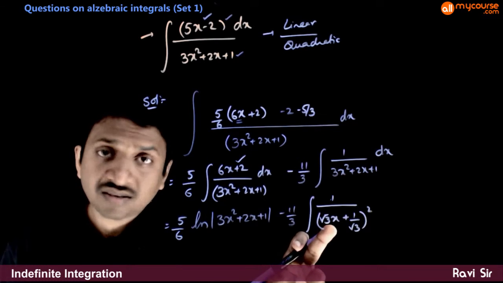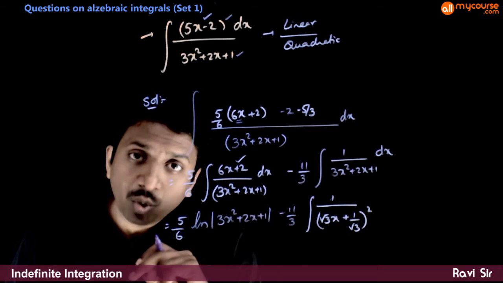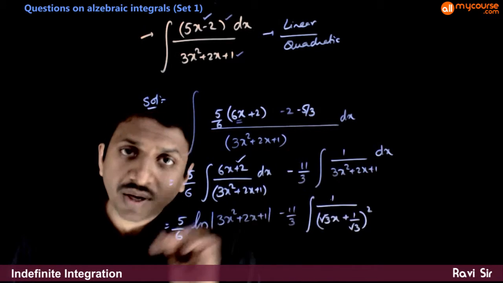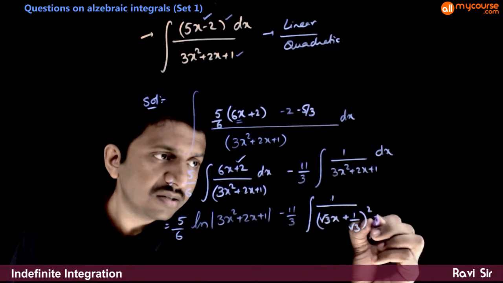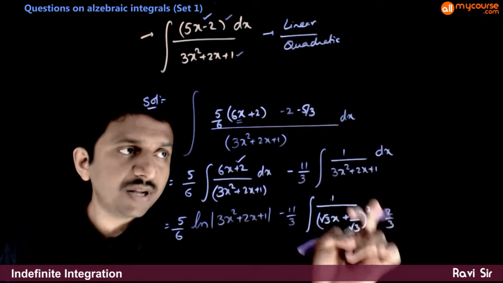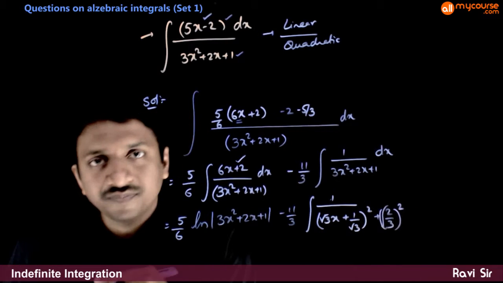Root 3x plus 1 by root 3 whole square is 3x square. So what happens to the 2ab term? 2 into root 3x into 1 by root 3 becomes 2x. And you have an extra 1 by 3 here, but you need a 1, so you add a 2 by 3. So 1 by 3 plus 2 by 3 is 1. And 2 by 3 can be written as root 2 by 3 whole square.